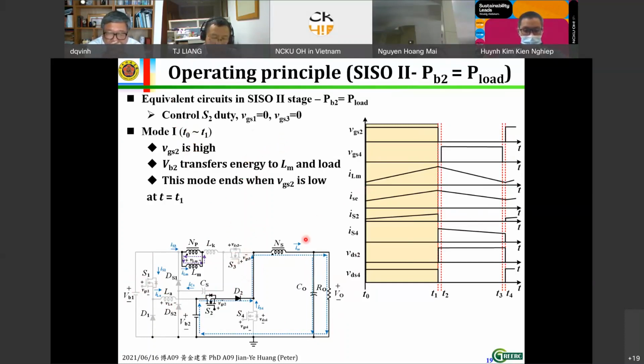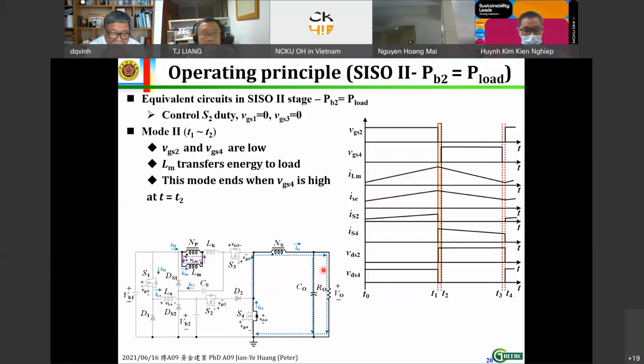So it will operate like a traditional buck converter. When VGS2 is high, the VB2 will transfer energy to the LM through the coupled inductor and to load. This mode ends when VGS2 equals 0 at T equal to T1.